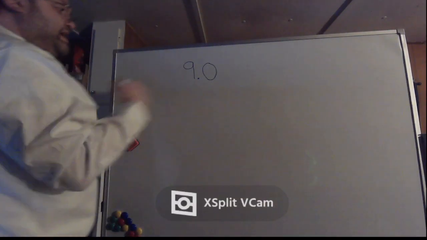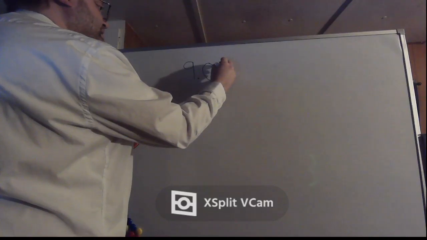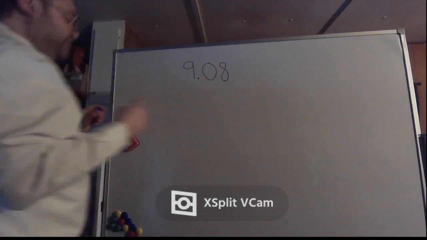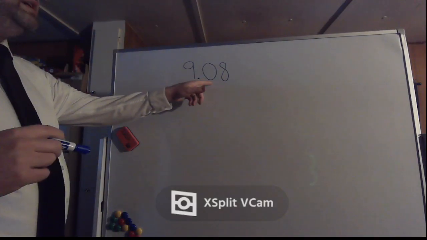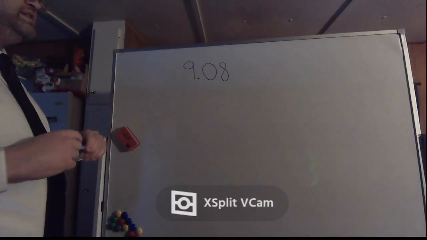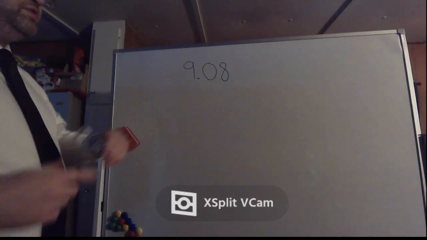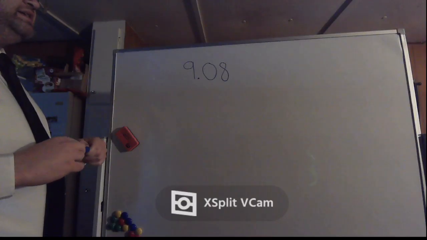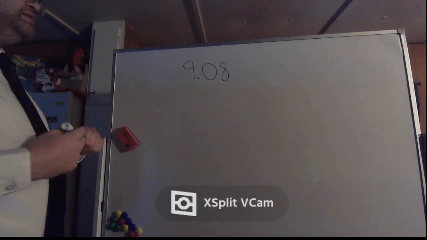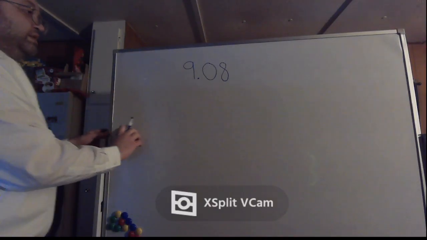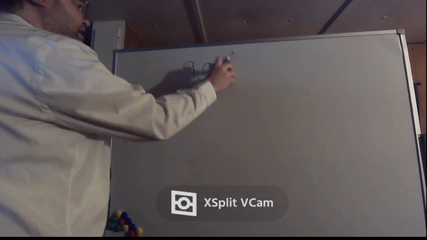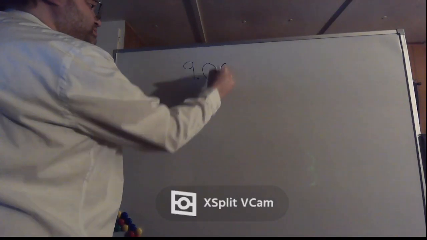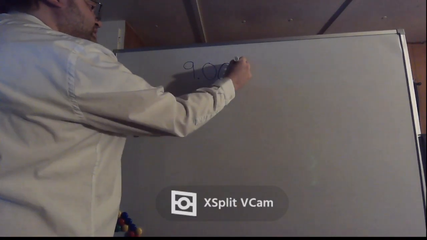But let's say I put a number in the hundredths place. Well, we have nothing in the tenths place, but we have something in the hundredths place. That would be 9 and 8 hundredths. And then let's say I put a 0 in the hundredths place and put that 8 in the thousandths place.